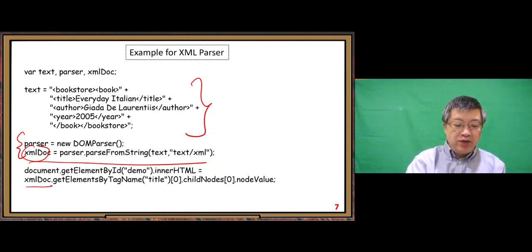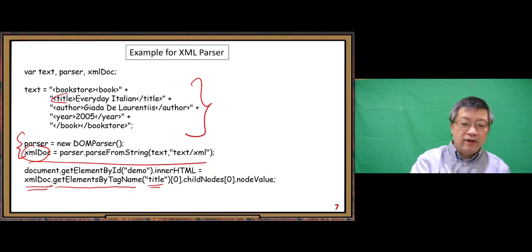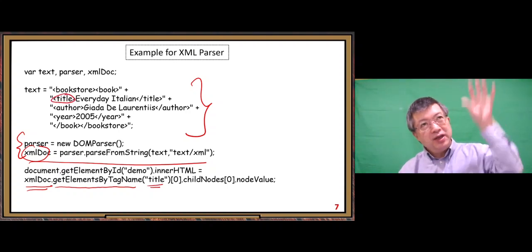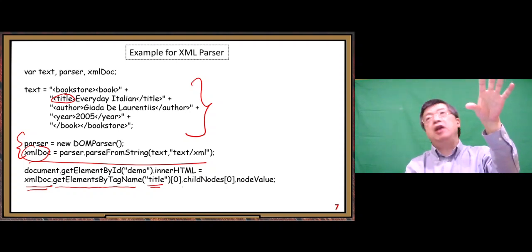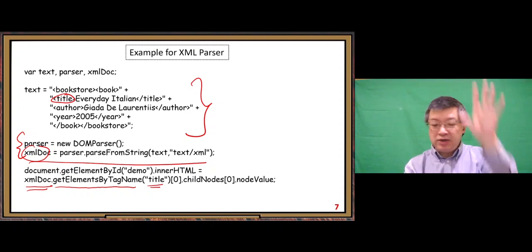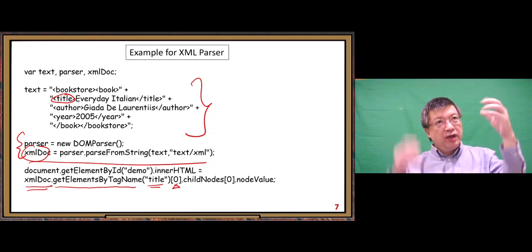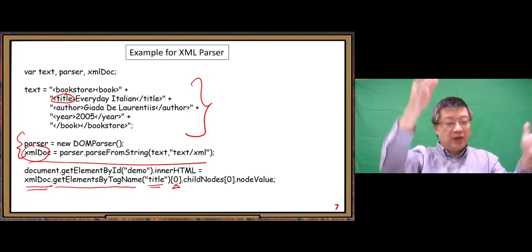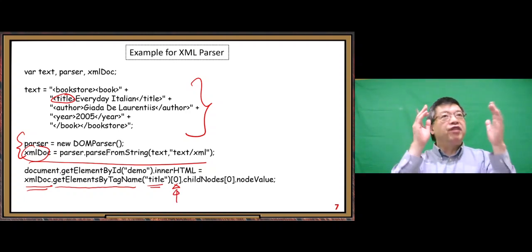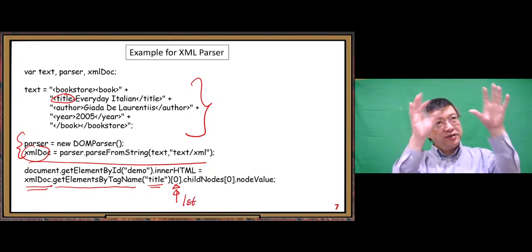The object, then dot getElementsByTagName, title, finds the title element. You may have multiple title elements, so we use the array way to access. We treat those elements as an array of elements. Zero index is the first array element, your first title element.